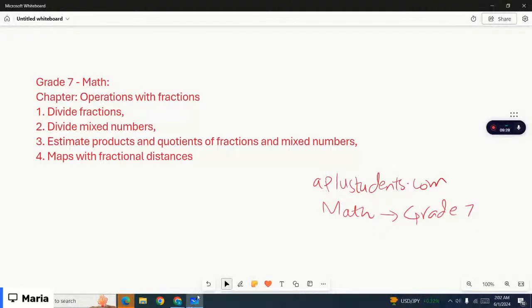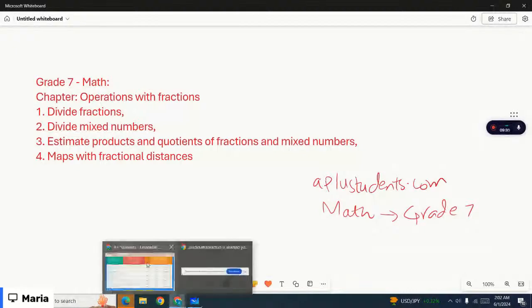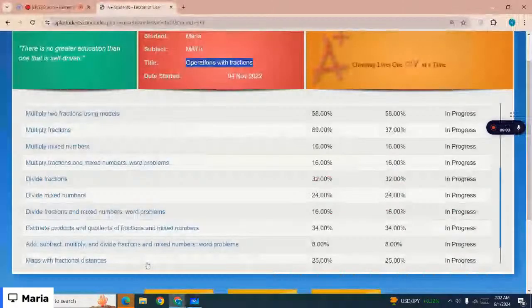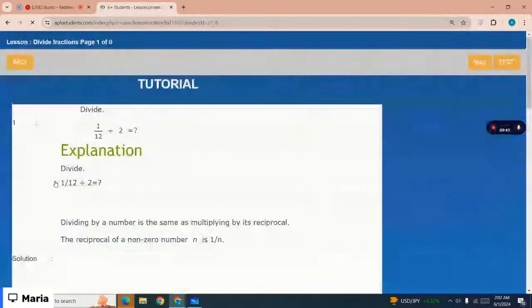Let's just start with the first lesson, that is divide fractions. Here I am on grade 7 math, the chapter we are on right now, operations with fractions. So let's start with the first example.